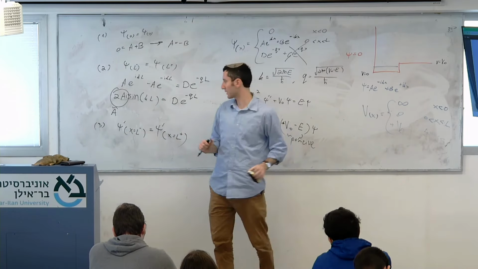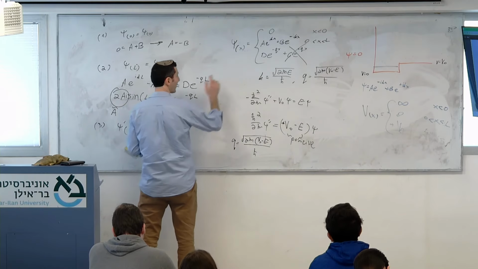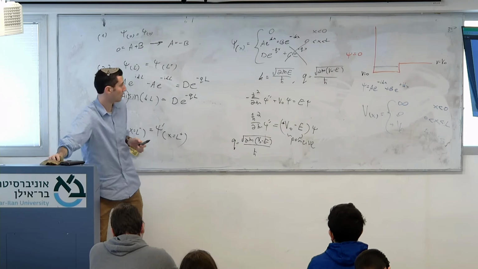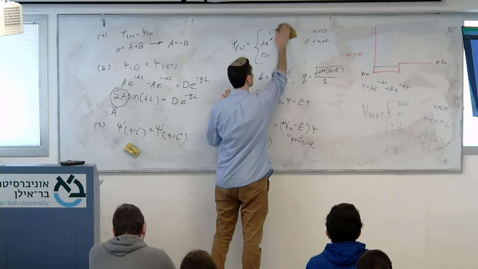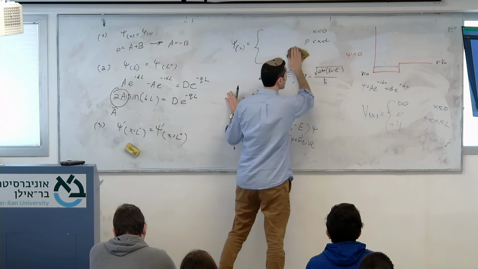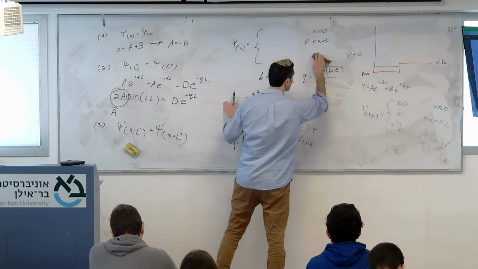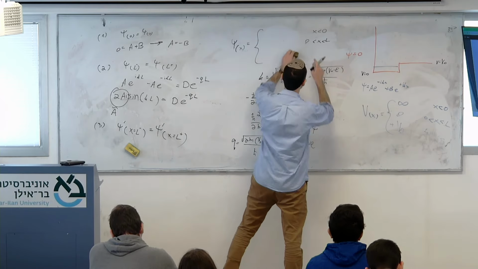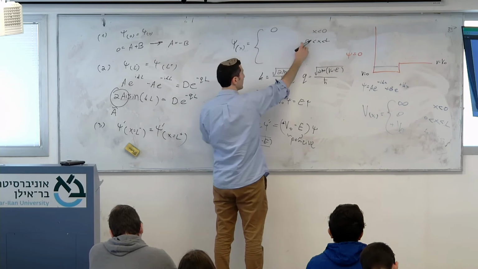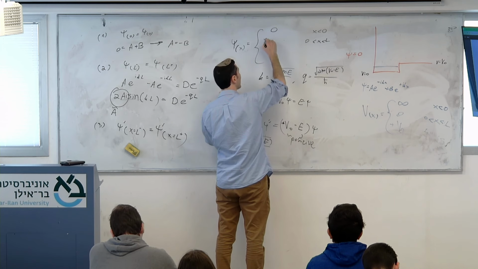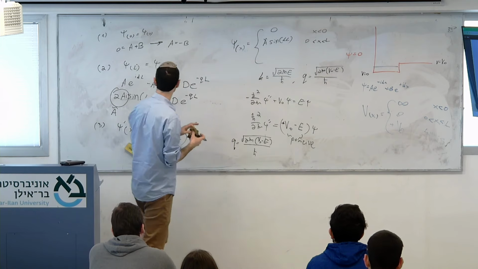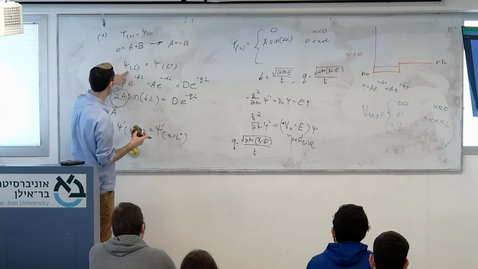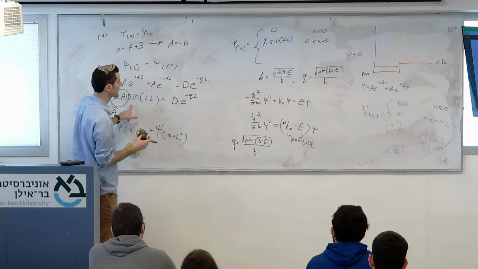This whiteboard is getting a little confusing, so I want to rewrite this now in my most compact way. Where x is negative, psi is 0. Here I got a certain A tilde sine kx, because of this.